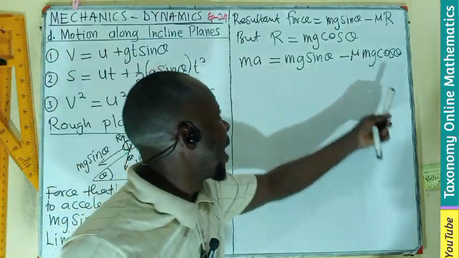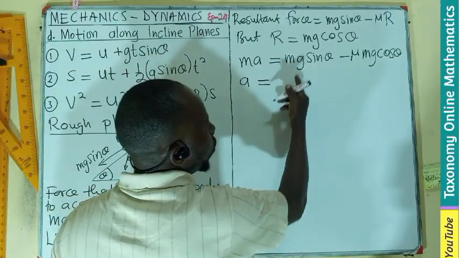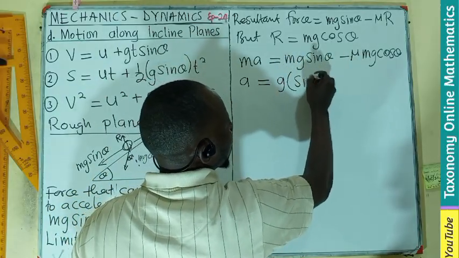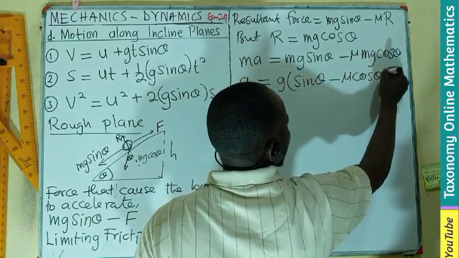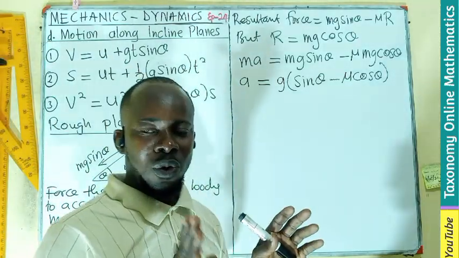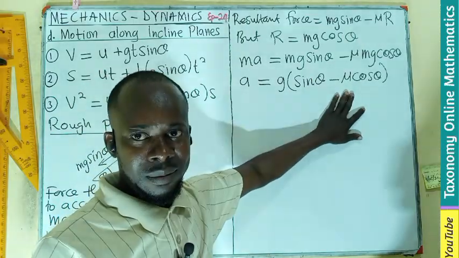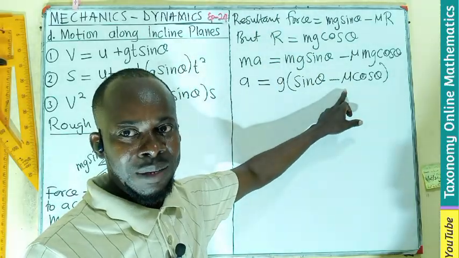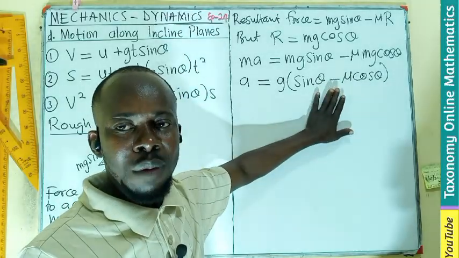If we divide through by m, you'll be having acceleration left equals g is common, so I have g out, the sine of theta minus mu cos theta. So this means that the acceleration that I need when the body is on a rough plane is supposed to be calculated using this, when the coefficient of friction is also provided. Then the angle, we have it here. This is what we are going to be making use of.